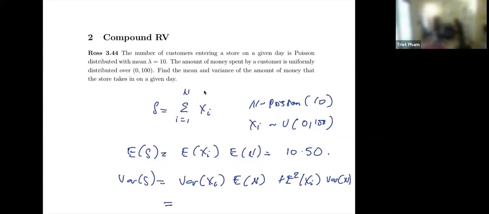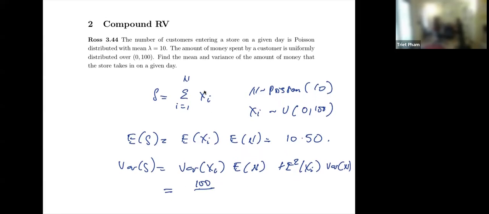So variance of xi is, it must be over 12. Variance of a uniform is (a minus b) squared over 12, I think. Times 10, plus expectation squared, which is 50 squared, times 10.